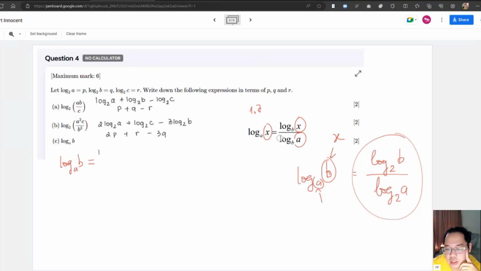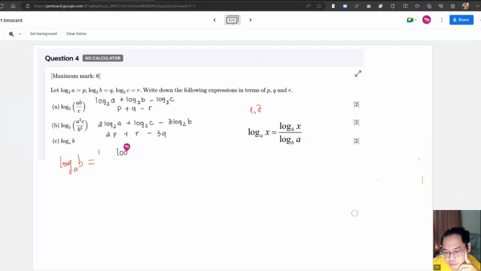Okay, please do it again yourself. Log base a of b. Okay, let me erase this notation also.